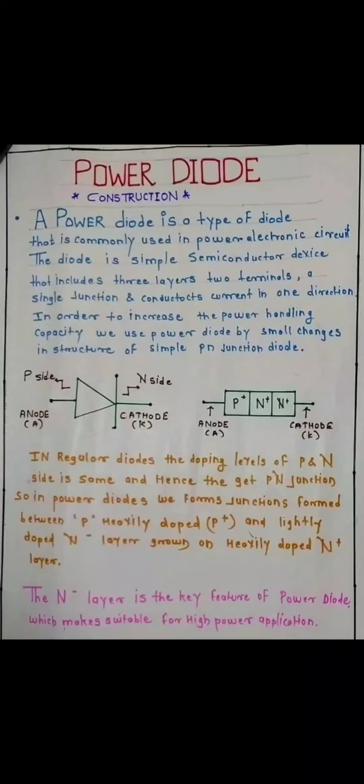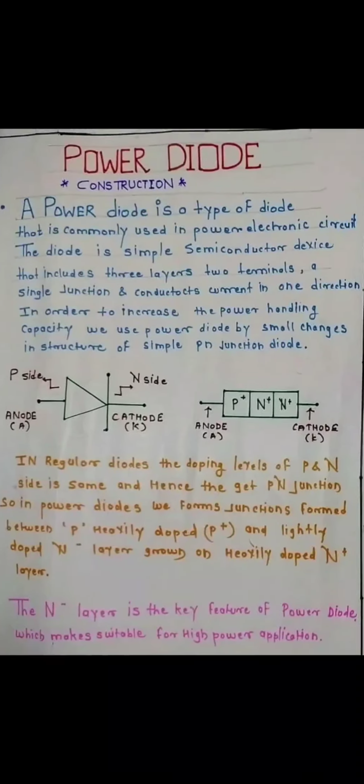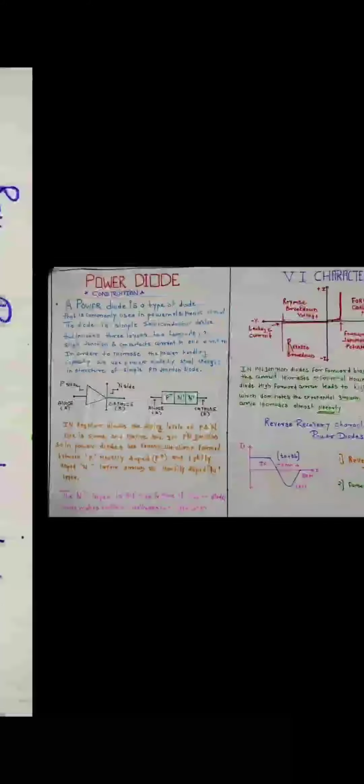As we can see in the figure, the net charge neutralization in the space charge region is still maintained as in the case of a signal diode, but the thickness of the space charge region is quite high and penetrates deeply into the N minus layer.